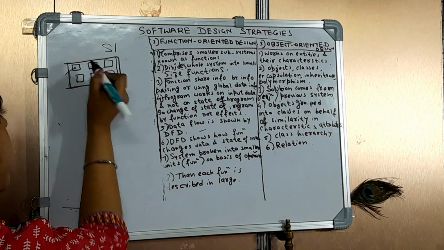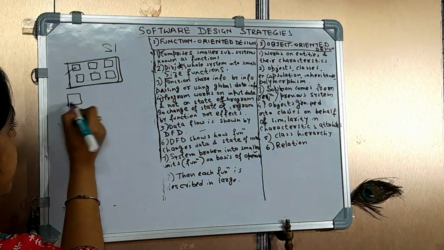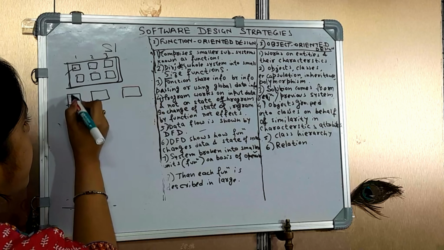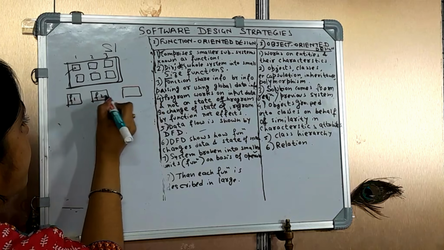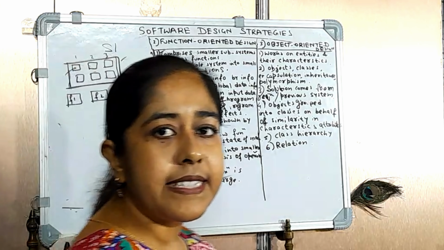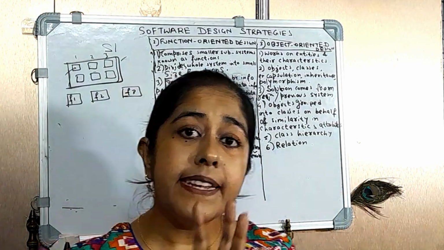There we were working on subsystems and modules mainly, right? Here, these subsystems, suppose 1, 2, 3, are mainly functions, that is F1, F2, F3. When you break the system into these smaller subsystems, they are known as functions because they are doing different kinds of tasks.